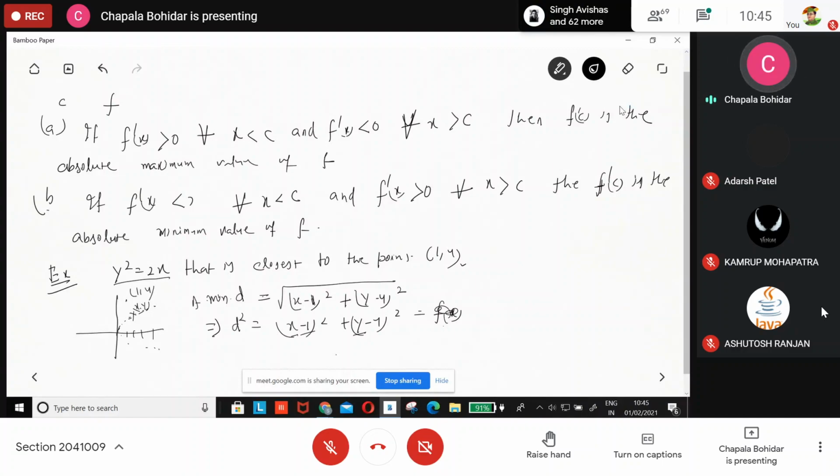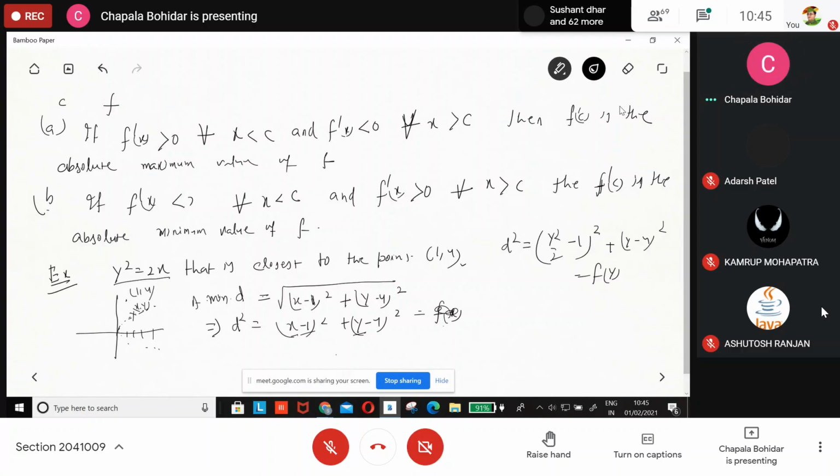So d square is equal to, at the place of x, y square by 2 minus 1 whole square plus y minus 4 whole square. So we write it as the function of y. Clear to all of you? Okay. Now it is in the form of a function of y.